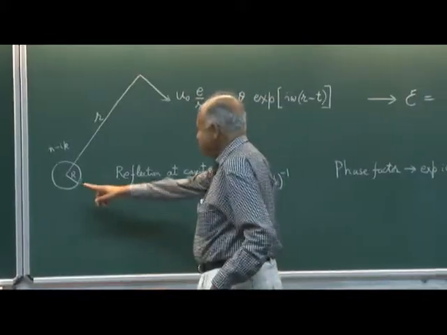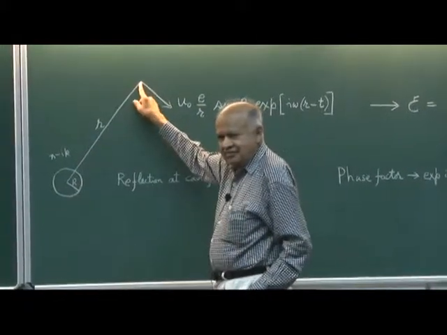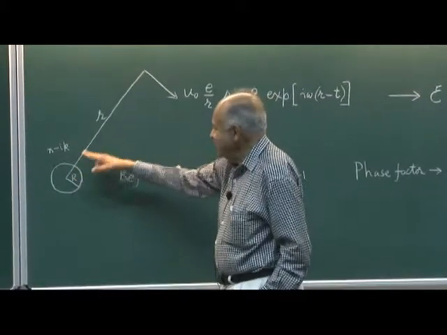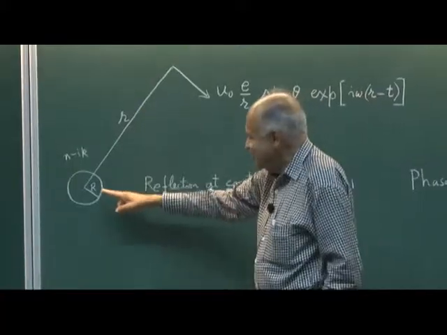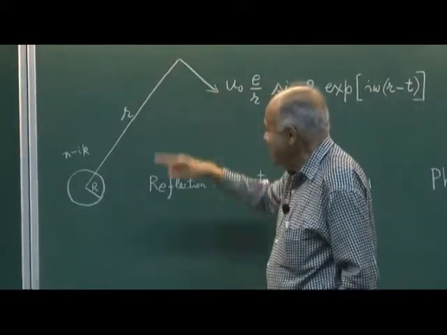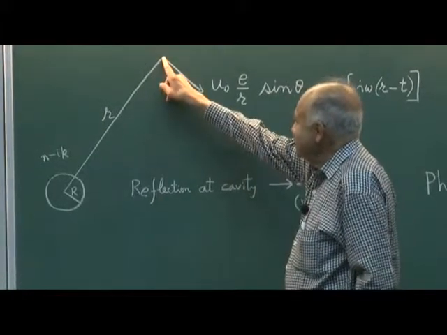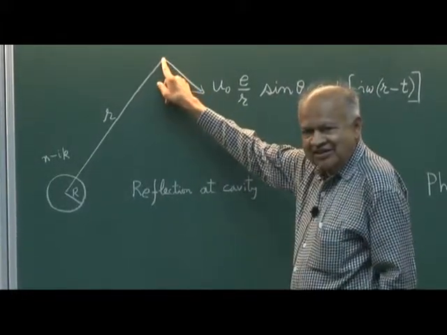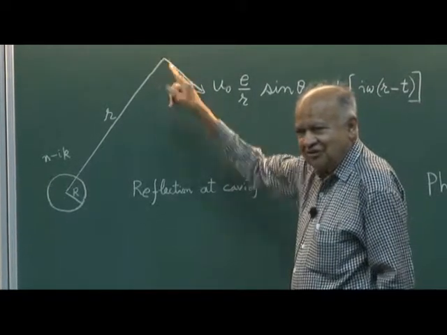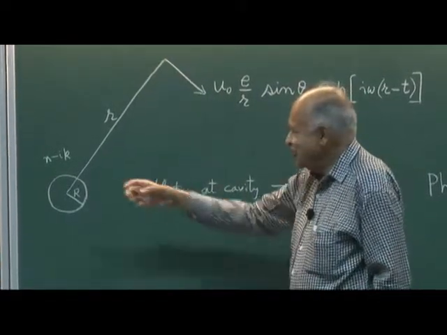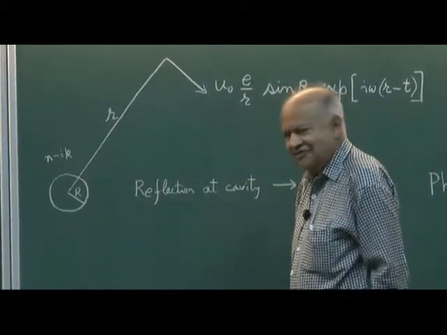Supposing you go to a distance r from this point, where r goes from r to infinity, then take a particular particle here, we call it an absorber particle, that is, it is going to play the role of absorbing whatever is emitted by this charge.